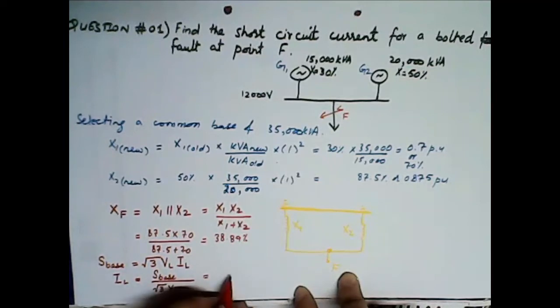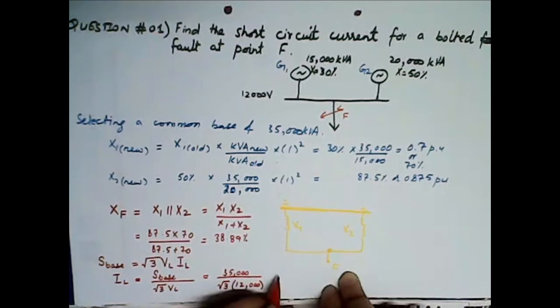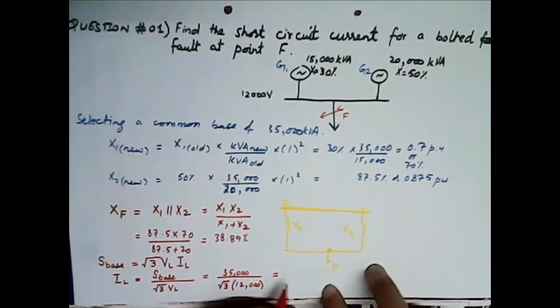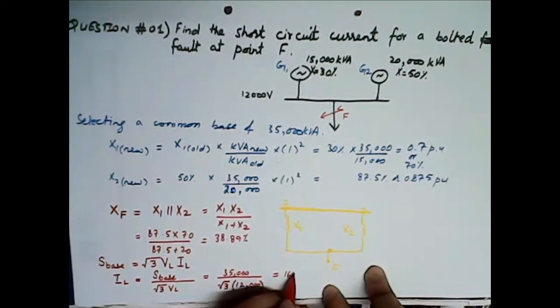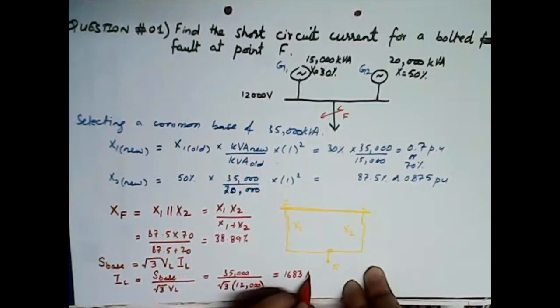We have S base as 35,000 kVA, right, divided by under root 3 times voltage, which is 12,000 volts. So this will be equal to 1683 amperes, right?